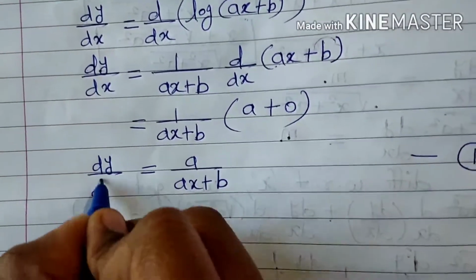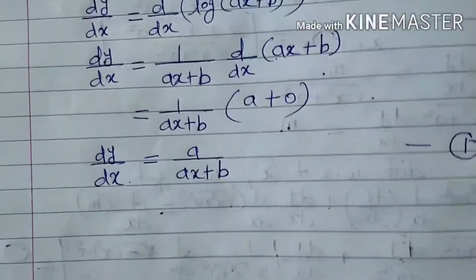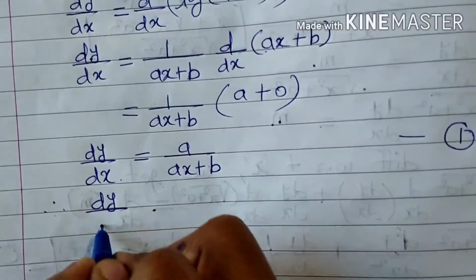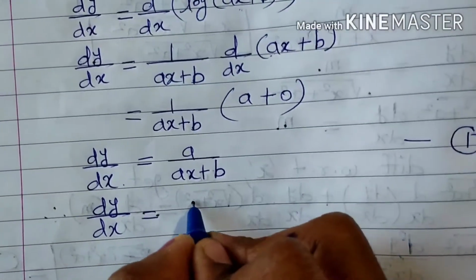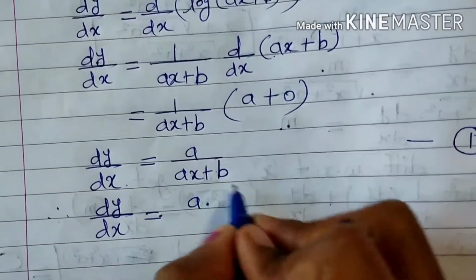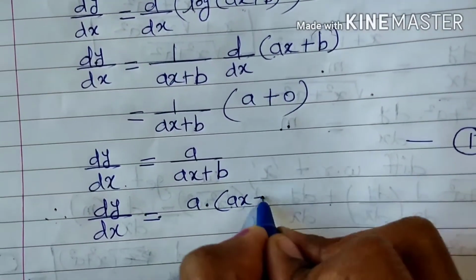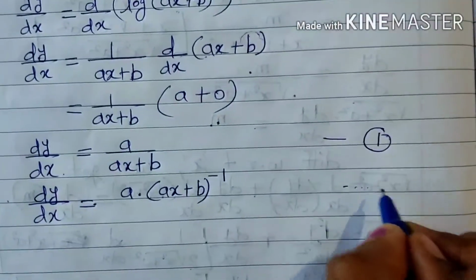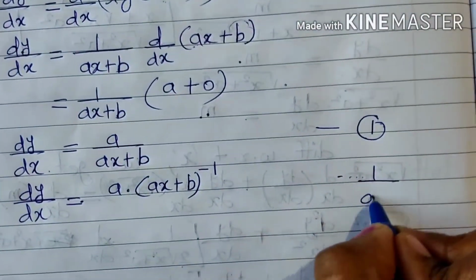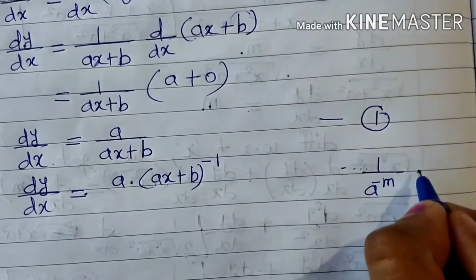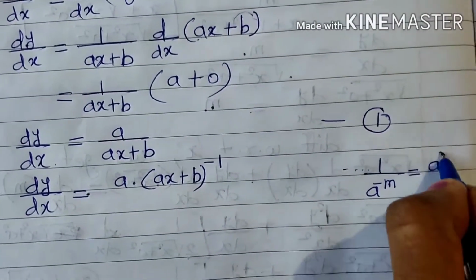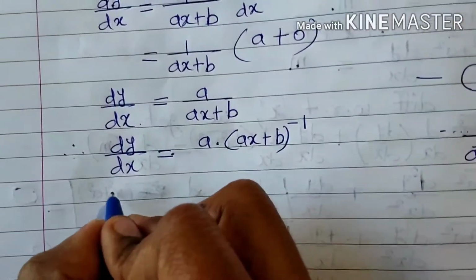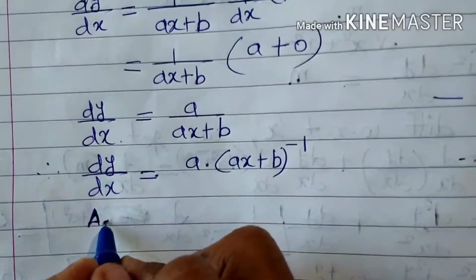Dy by dx. So therefore dy by dx is equal to a into, take on the upper side ax plus b raised to minus 1. This is the rule of indices, like a raised to minus m is equal to 1 upon a raised to m. Now again differentiate with respect to x.